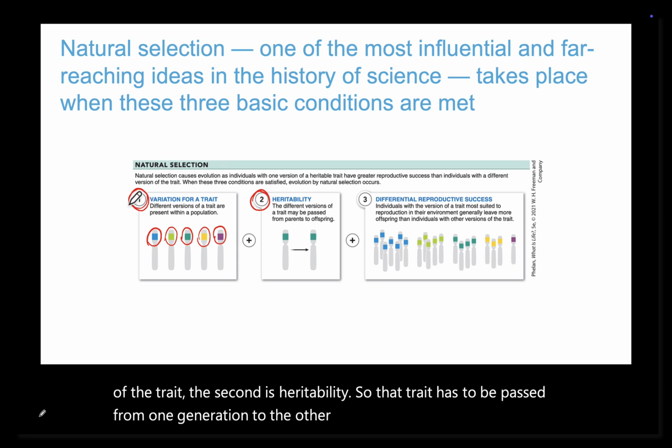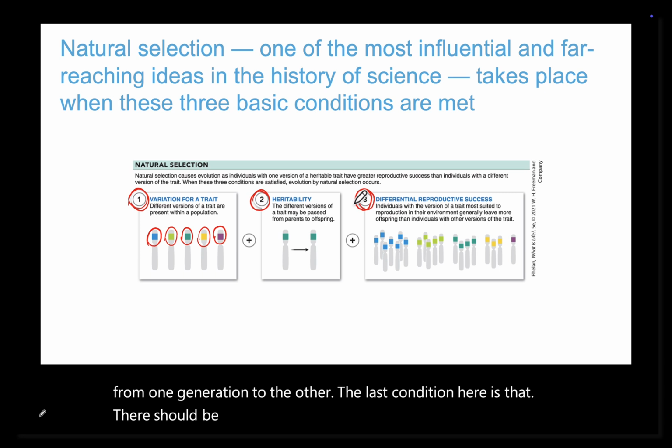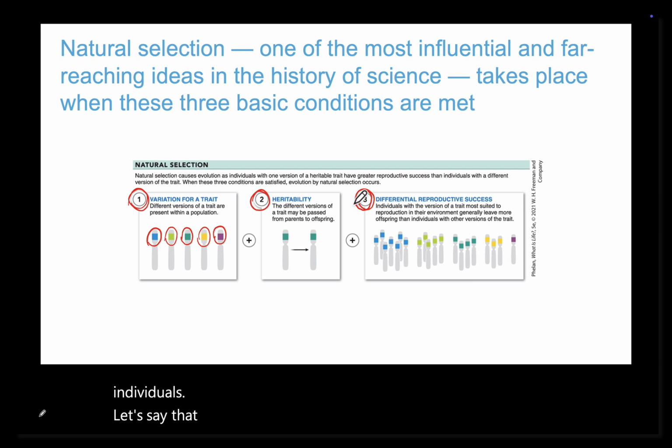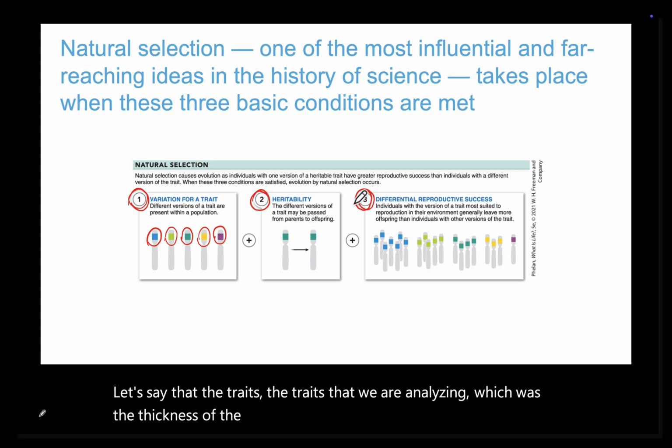The last condition here is that there should be a differential reproductive success of those individuals. Let's say that the trait that we are analyzing, which was the thickness of the skin, does not actually influence the reproduction of those individuals.